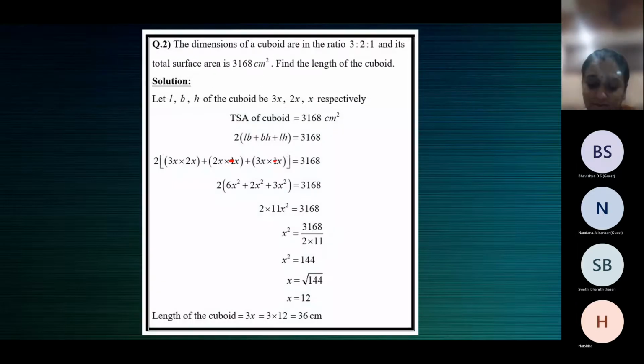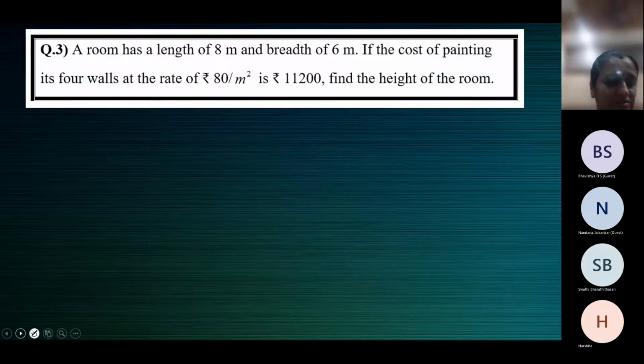Oh yeah, children, this reminds me of something. Please make a note of this. I just missed talking about the length of the diagonal of a cube and a cuboid. Children, go back to the introduction to cubes and cuboids. We had written down the volume, curved surface area, and total surface area of a cube and cuboid. Just turn back to that page.